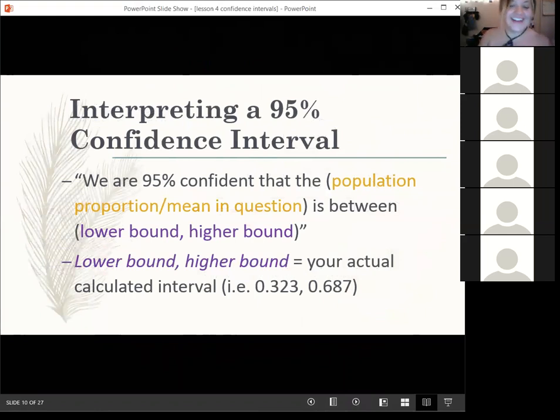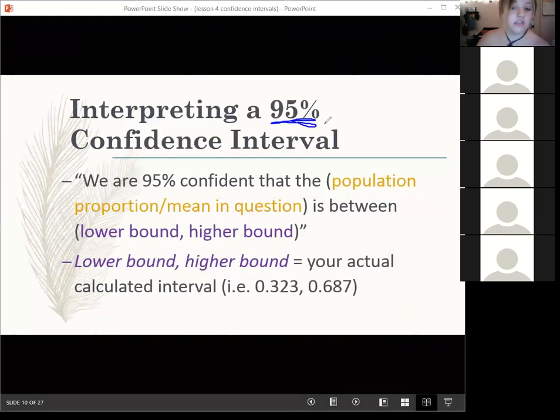Okay, so after we get this confidence interval, we have to interpret it. We can't just put these two numbers and be like, we're done, this is it. So we want to make sure we're able to interpret it and see what it is. In this case, once again, I'm using this 95% confident. It sounds like I'm saying it a lot, but I want to make sure you guys aren't confused. I'm using this 95% as an example.